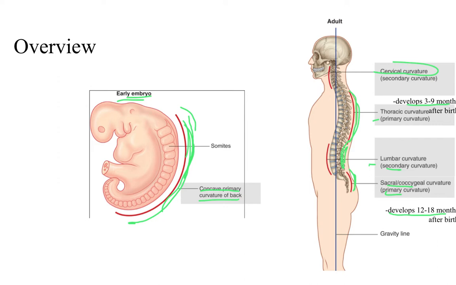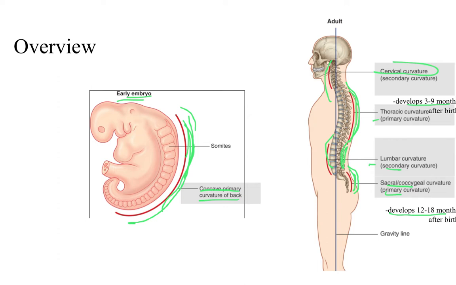And so we have this secondary curvature cervical, primary curvature thoracic, secondary curvature lumbar, and primary curvature sacrococcygeal as a way to balance our body's weight on a vertebral column that expends the least amount of muscular energy to maintain an upright position in a biped, such as humans.